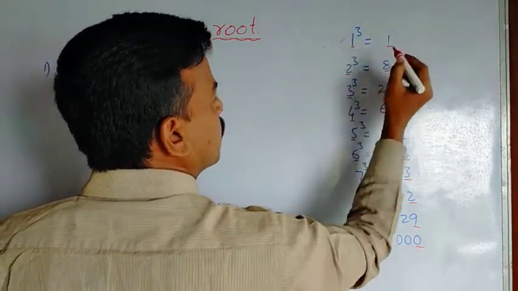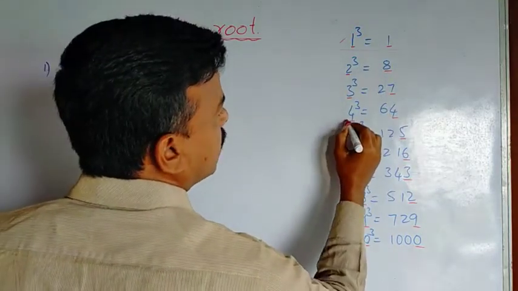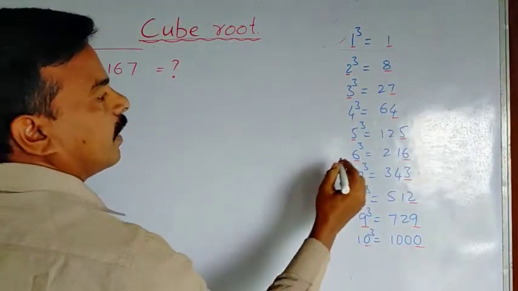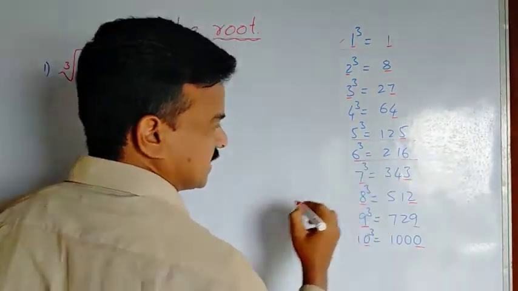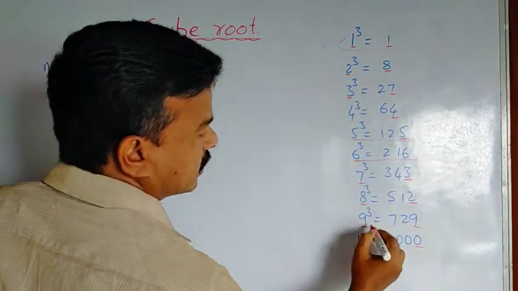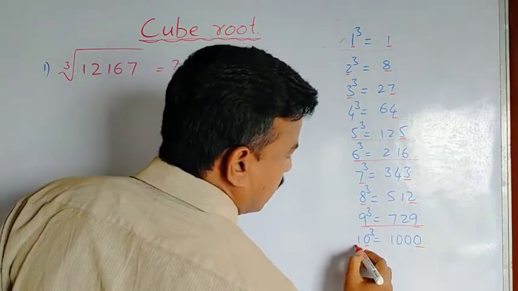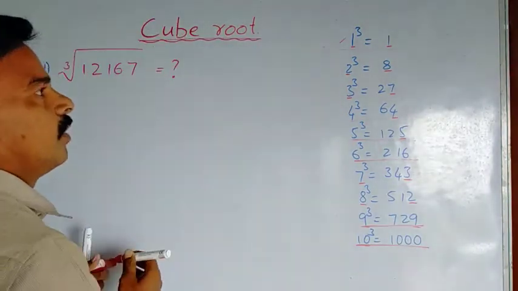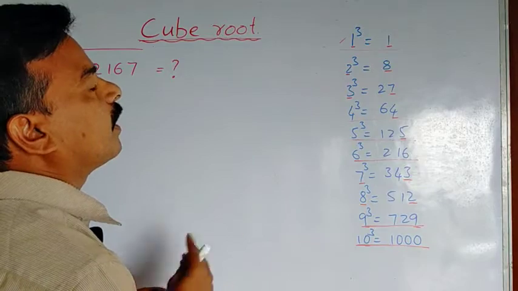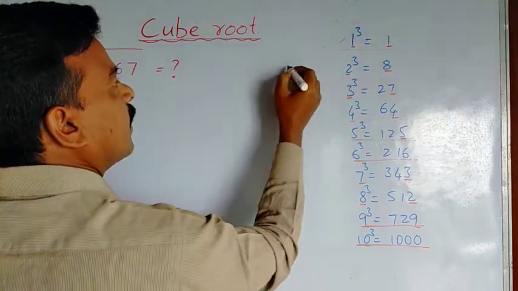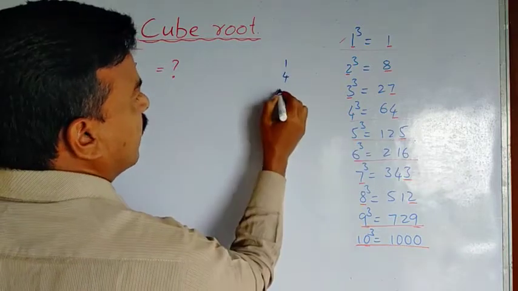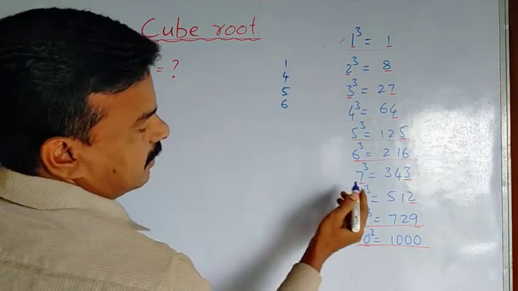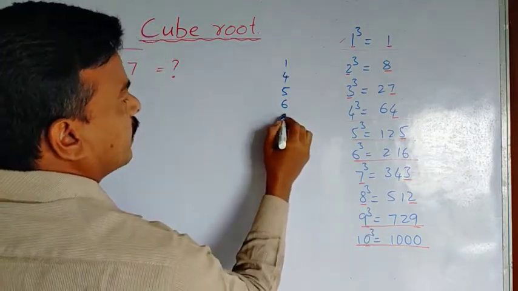Next, 4 ends with 4 only, 5 ends with 5 only, 6 ends with 6, and 9 ends with 9, and 10 ends with 0.